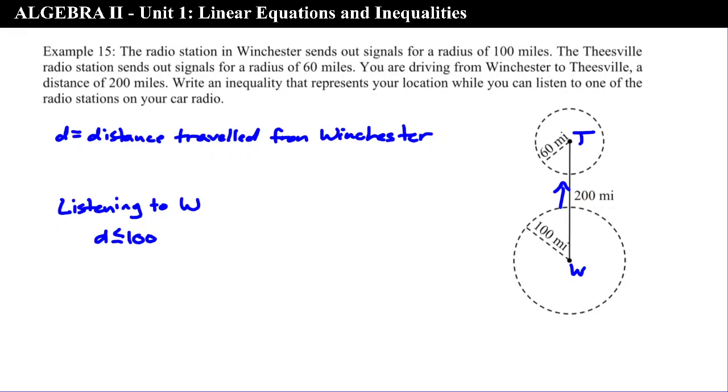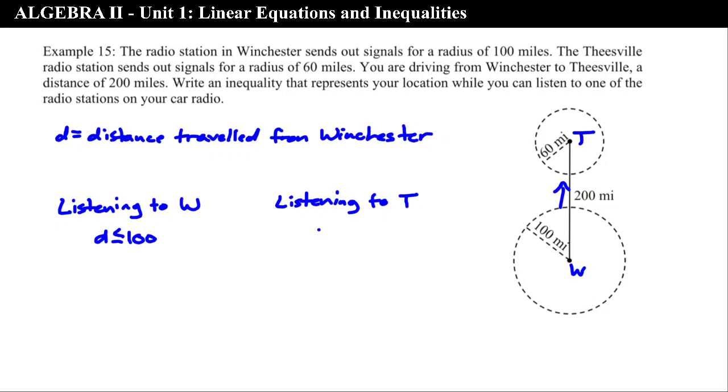All right, let's talk about the distances when we're listening to the Thiesville station. Well, we know if we've traveled 200 miles that we can hear the Thiesville station. And we can hear it at 190 miles away from Winchester. We can hear it from 180 and 170. So we can hear it from 200 miles away minus the 60 miles until we get to Thiesville.